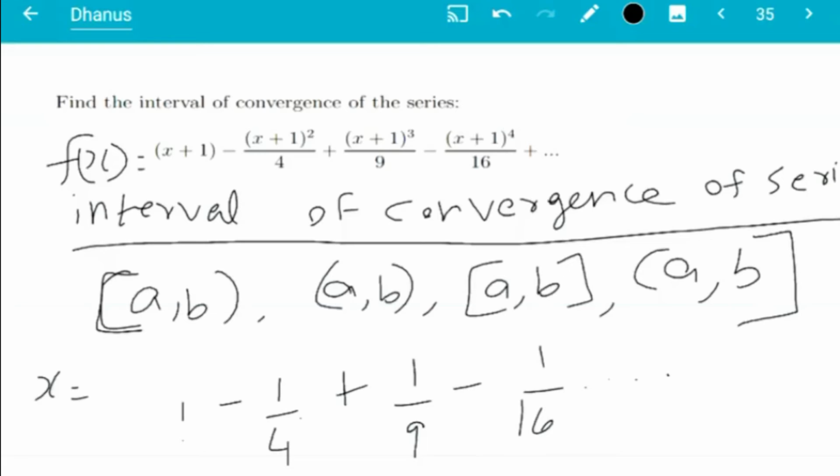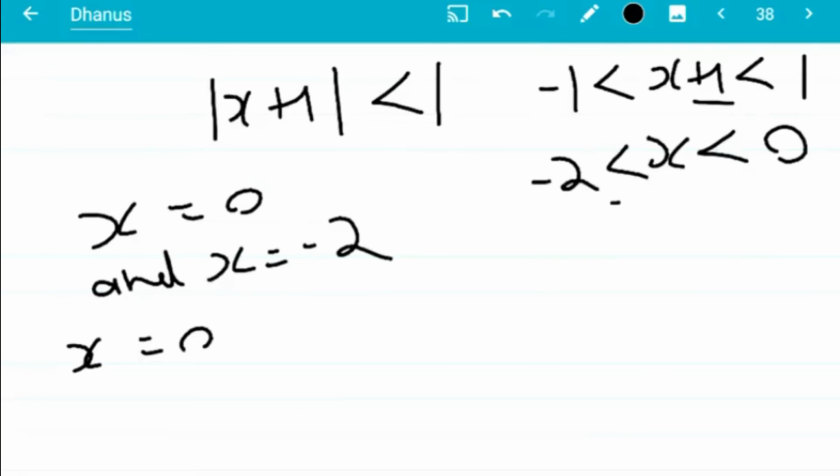Each term is less than the previous one: 1 by 9 is less than 1 by 4, and 1 by 16 is less than 1 by 9, and the nth term tends to 0. That's why this series is convergent for x is equal to 0.